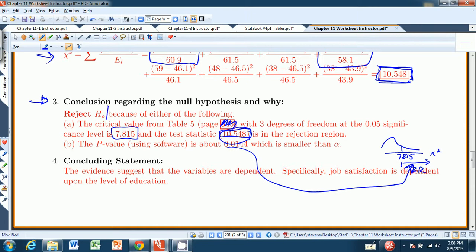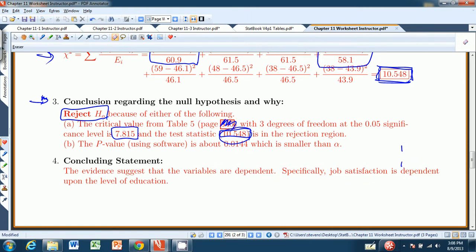So we're going to reject the null hypothesis. If you are using software, we don't need any of this critical value stuff. You get a p-value of 0.0144, which is less than the significance level, which is 0.05. So either method, you reject the null hypothesis.